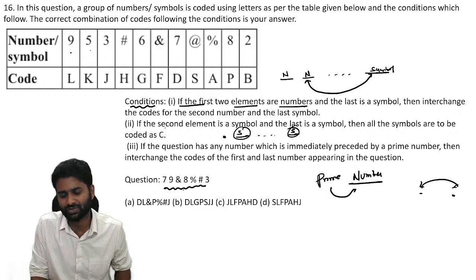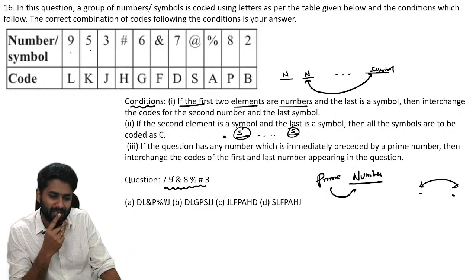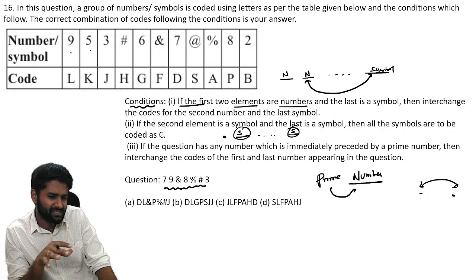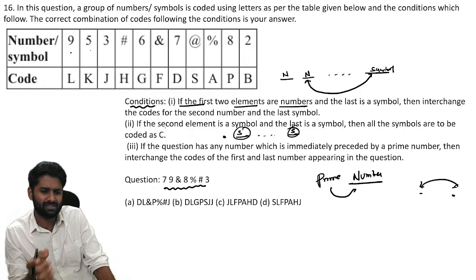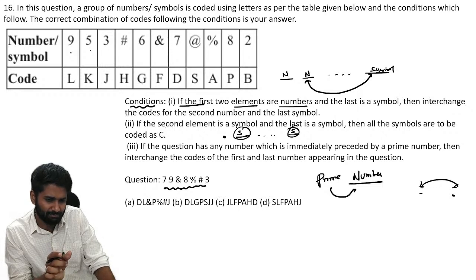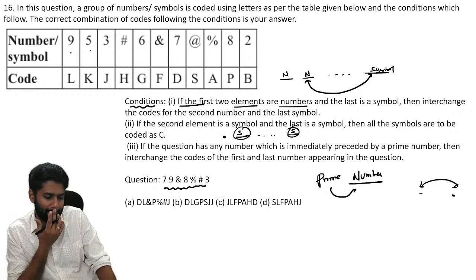Just tell me which condition this question satisfies. In this way you can get either 2 to 3 questions. You have to identify the condition. Based on the condition only, you have to give codes.